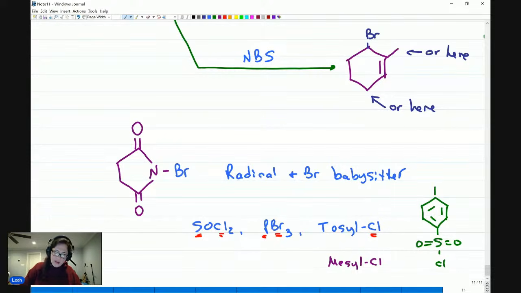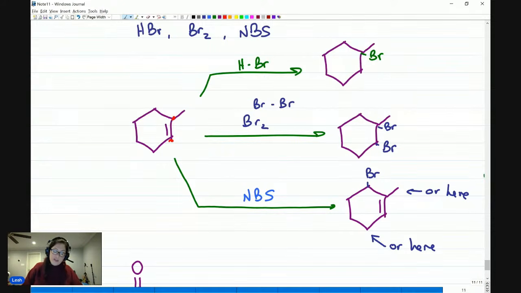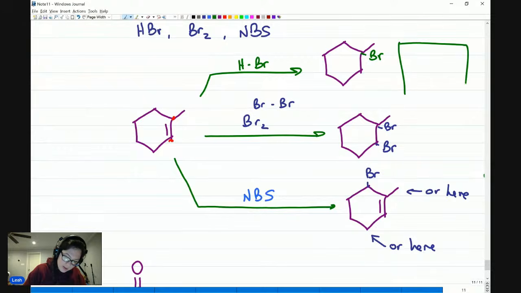So we looked at alkenes. But even with something like this, we can take the HBr and we can say react it with just regular inert solvent like CCl4. We get this one right here. But if I took that HBr and I reacted it with, I'll just put it in a box to separate.